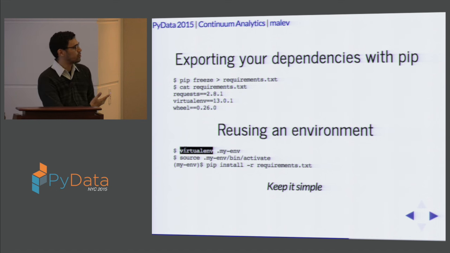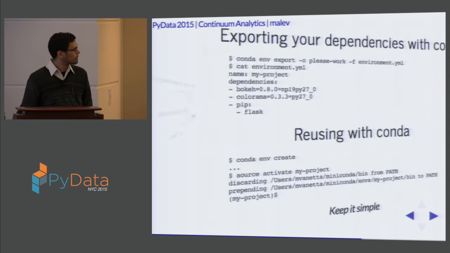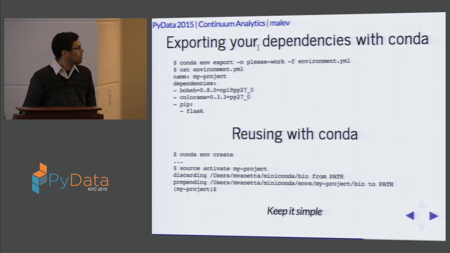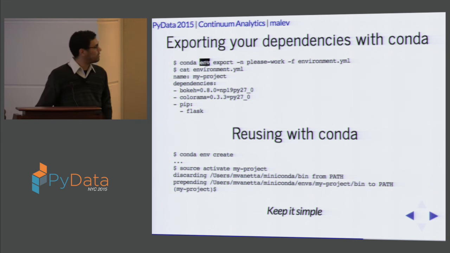In here, there are instructions if you want to create a new environment and start fresh, as I was saying. In the case of Conda, it's more or less the same. We use a subcommand called env, which is going to extract the environment, and in this case, send it to a file. I have a very confusing name.